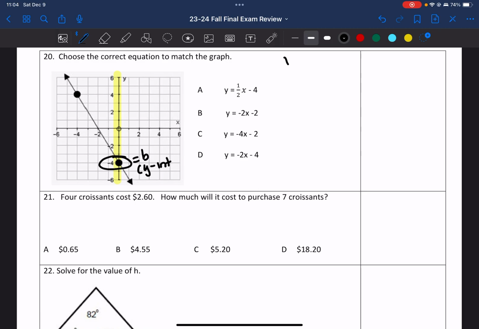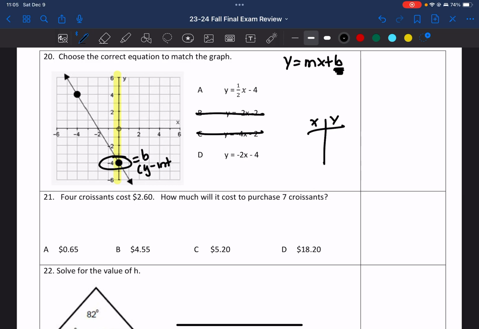Okay, now remember, y equals mx plus b. B is this last number. So if I look, this one gives me -4, but this one is -2, this one is -2, this one is -4. I can cross these two off just with the y-intercept alone. Now let's go back, and what we're going to do is build a table.